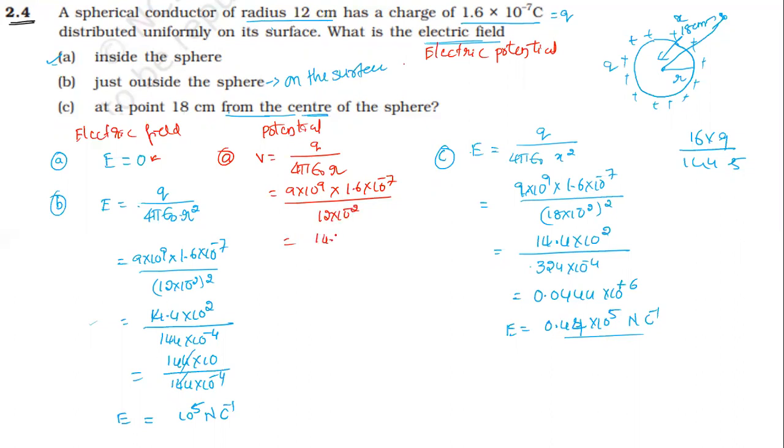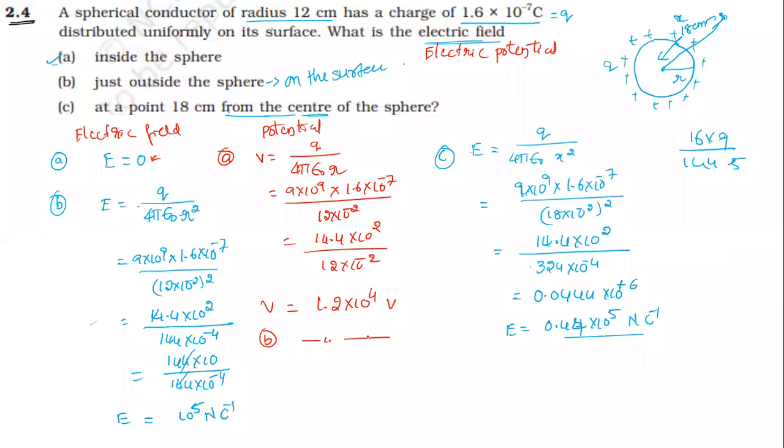So it will be 14.4 into 10 power 2 divided by 12 into 10 power minus 2. 14.4 divided by 12, you are going to get 1.2 into 10 power 4 volt. That is A part. Now what about B part? B part is asking just outside the sphere, on the surface, right? Same as above.